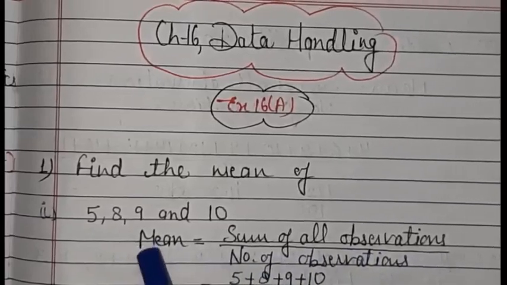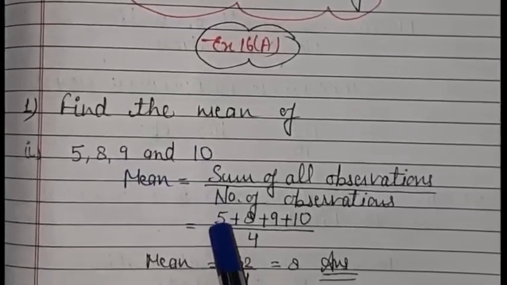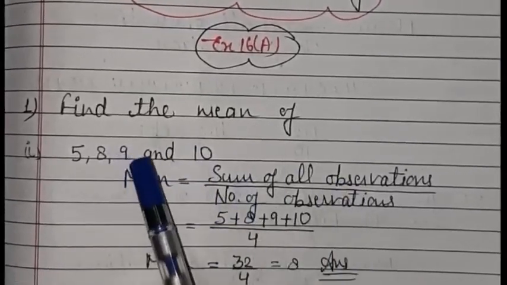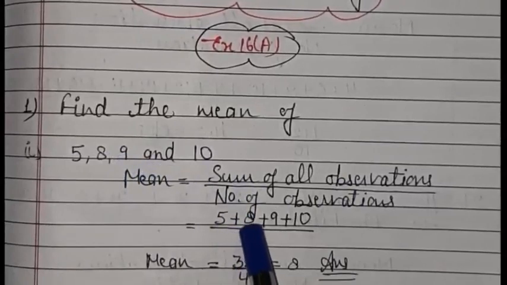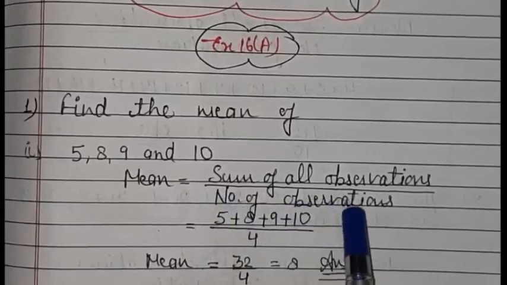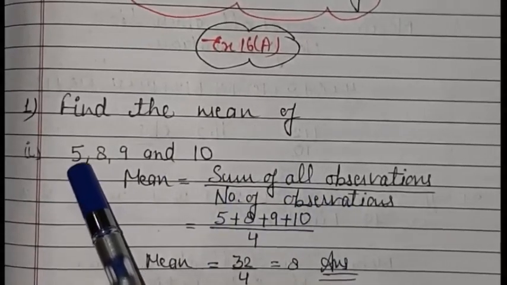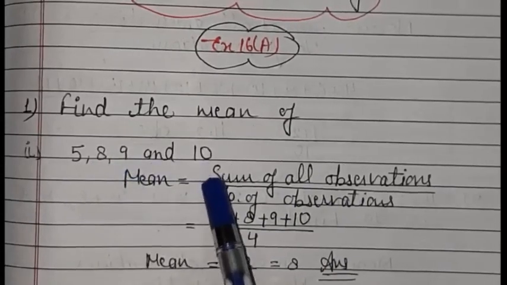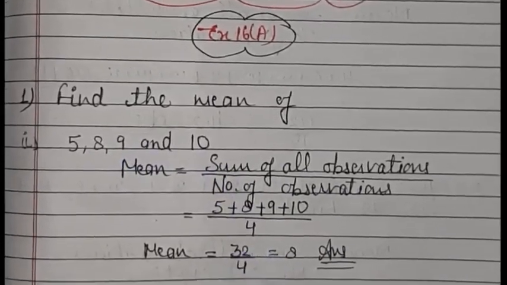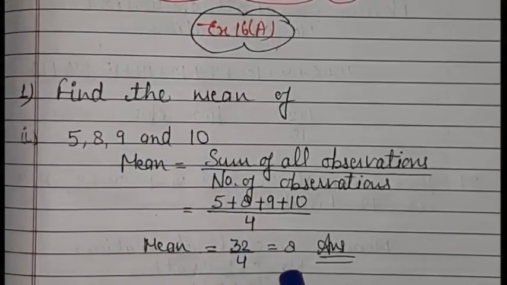So here observations are 5, 8, 9 and 10. Sum is 5 plus 8 plus 9 plus 10, whole upon number of observations. Just count how many observations are here: 1, 2, 3, 4. So divided by 4. When you calculate, it will come 32 by 4, 8. Clear?